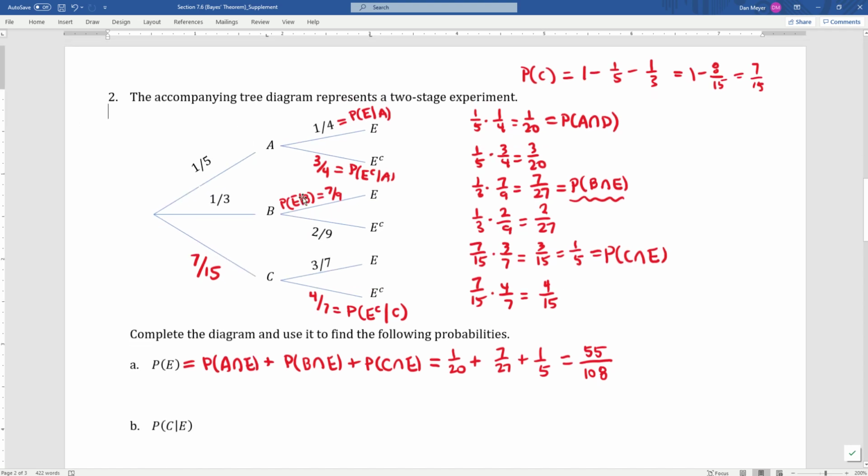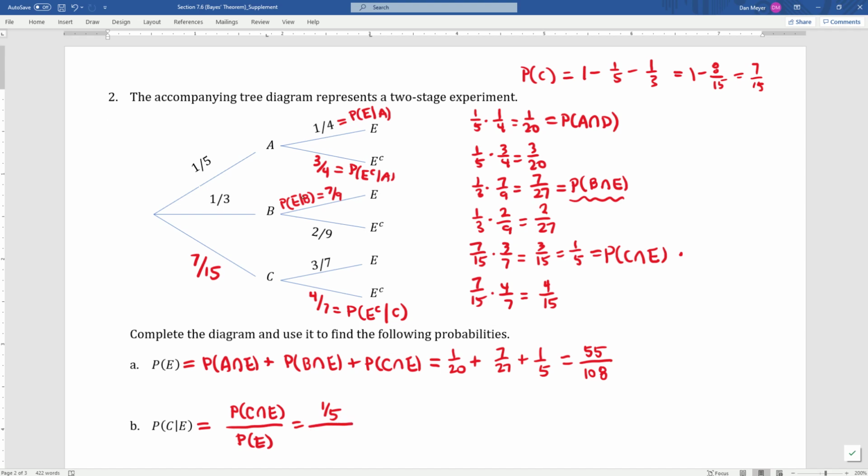All right, on to part B then. For the probability of C given E, we can use our basic conditional probability formula. That'd be the probability that C and E happens divided by the probability of our conditional event E in this case. Probability of C and E was 1/5 from up here.